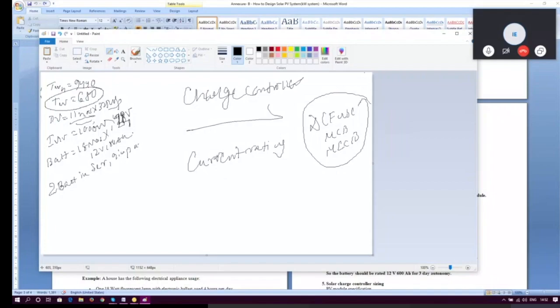So the current rating would be based on ISC, which you can get from the data sheet. Yesterday we got the ISC as 9.58. I hope everyone has remembered.